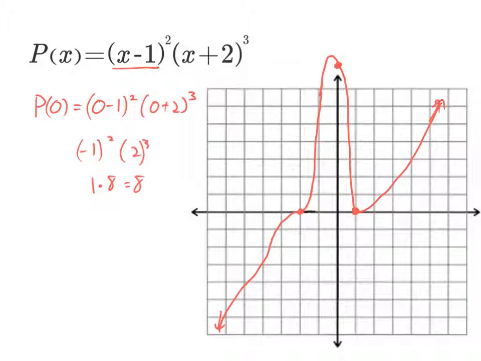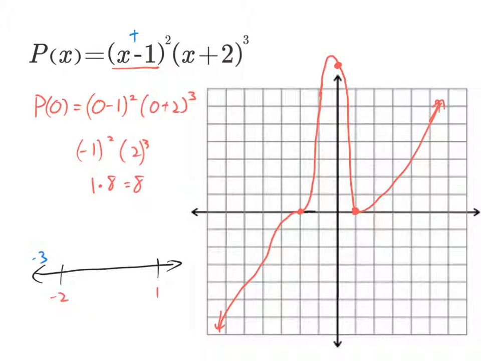Now, if you forget end behavior and all that stuff, we can always make a number line. And we put our points of interest, which are -2 and 1. And then you can just plot a bunch of stuff. So if I plot, let's say, -3. If I plug -3 into here, I get -3 minus 1, which is -4. -4 squared is positive.